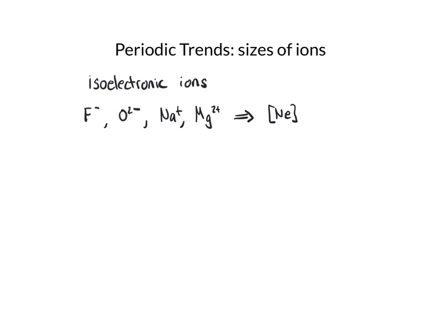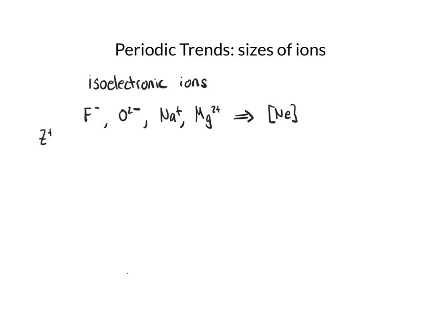So since they all have the exact same electron configuration, their valence electrons are all in the same n shell, and they have the same amount of core electrons, and so the shielding to those valence electrons is all the same. So that means that the only factor that's going to matter when we think about these isoelectronic atoms is what is the charge on the nucleus.